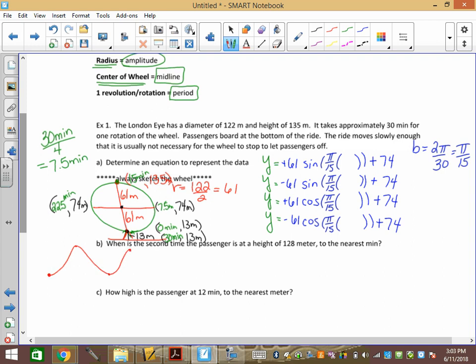So what's the lowest my graph goes to? 13. What's the highest my graph goes to? 135. What's the midline? 74. Right? It's literally this graph, just periodic. So the closest minimum is my negative cos. We agree? What's the x? Because the x is the c value.